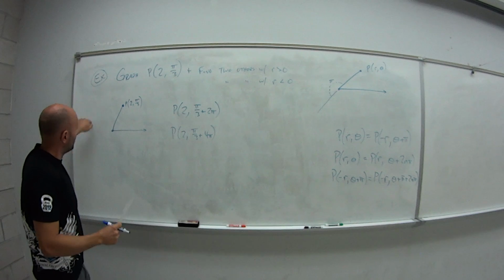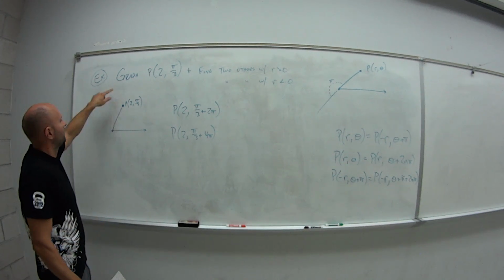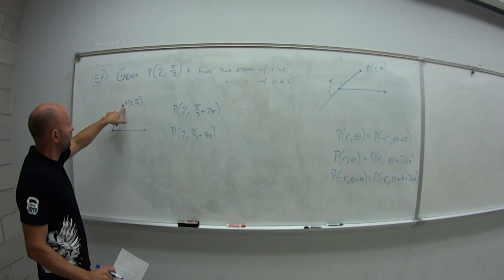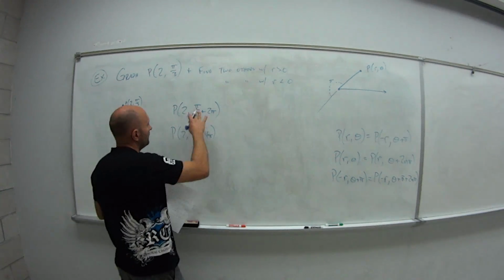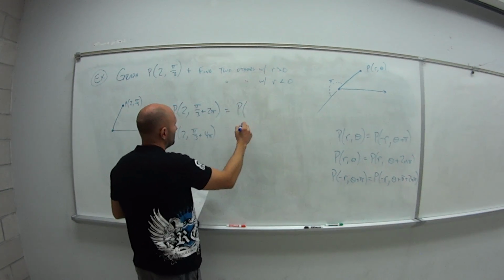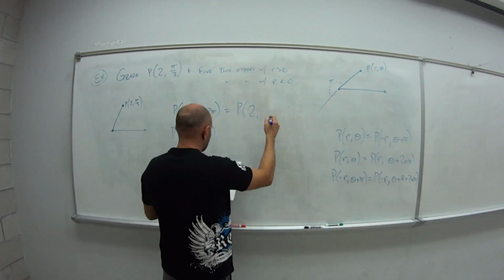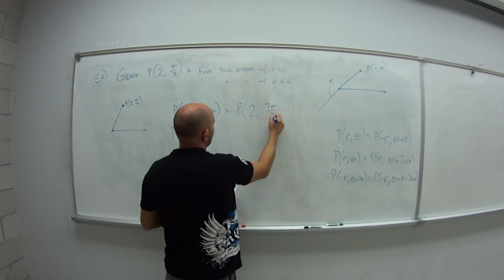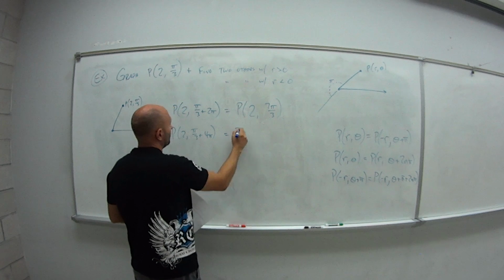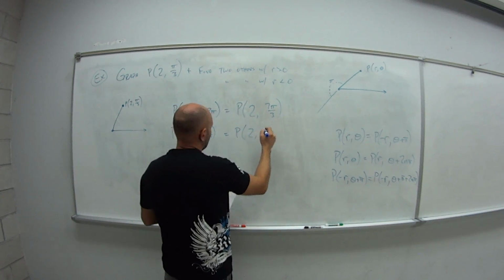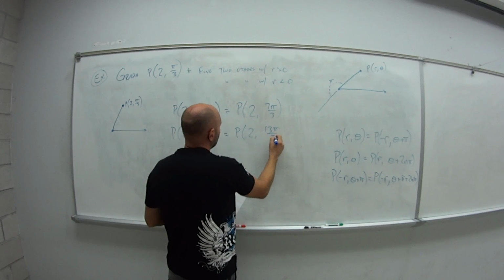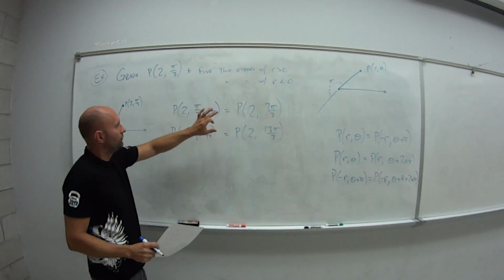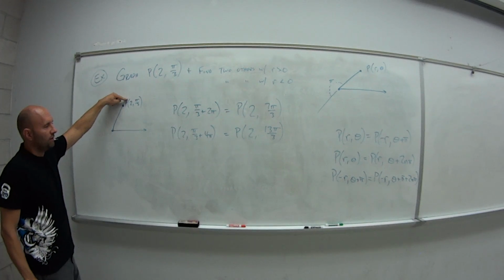So the first one is if we go a full time around the circle. Second one is 2 times around the circle. But we still end up at that point. If we simplify this, we just get P is 2 and 7 pi over 3, or P is 2 and 13 pi over 3. These two coordinates are exactly the same as this one here.